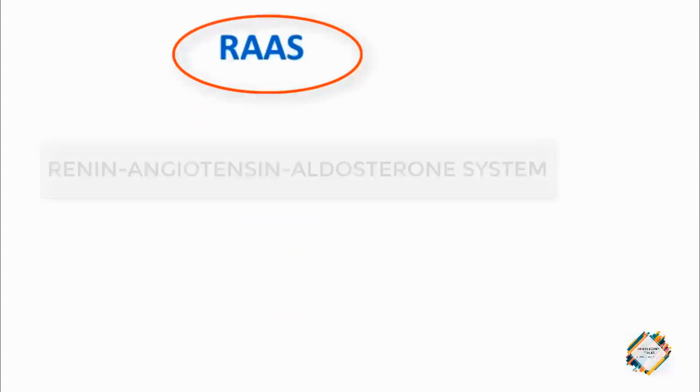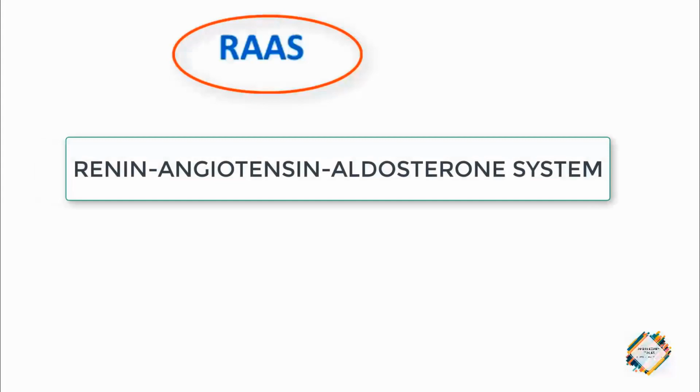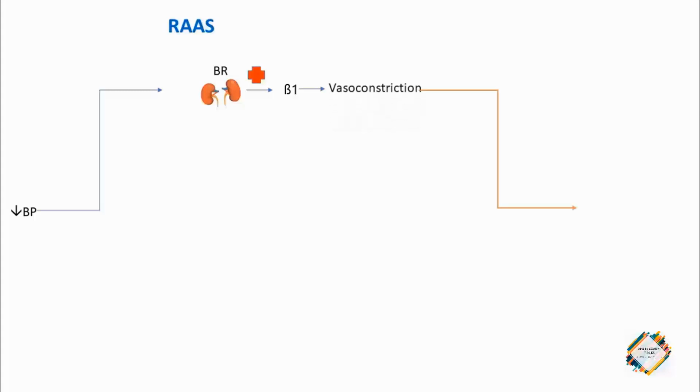The second system is the Renin-Angiotensin-Aldosterone System. The kidney plays a very important role here. The kidney provides long-term control of the blood pressure by altering the blood volume. So what happens when the BP falls? The baroreceptors in the kidney will respond to this reduced arterial pressure and will stimulate the beta-1 adrenoreceptors and cause sympathetic stimulation and increase the cardiac output, hence the BP.